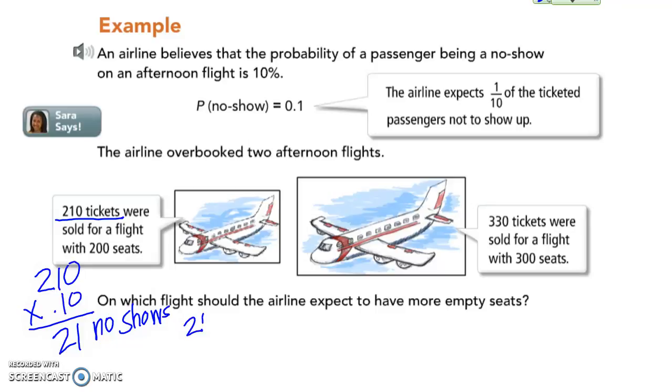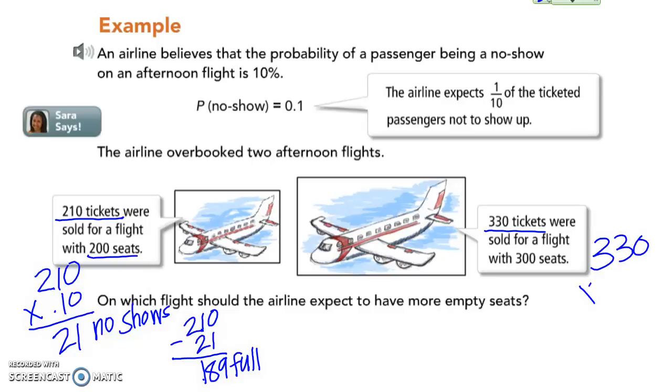So I would subtract the number of tickets sold minus the number of no-shows. How many seats are going to be full then? 189 seats will be full. Okay, that would leave 11 available if the flight has 200 seats. Whereas with this other flight, they sold 330 tickets.